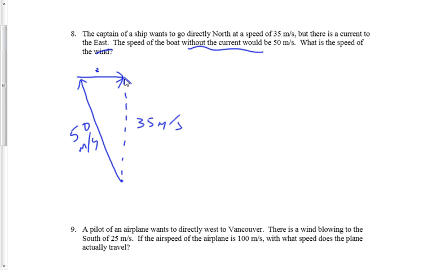So instead of a squared plus b squared equals c squared, solve for c, this time it's a squared plus b squared equals c squared, solve for a. So a ends up being equal to not the square root of b squared plus c squared, but rather c squared minus b squared. 50 squared minus 35 squared. Does that make sense?